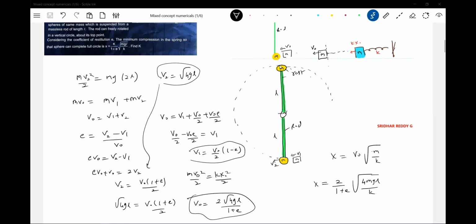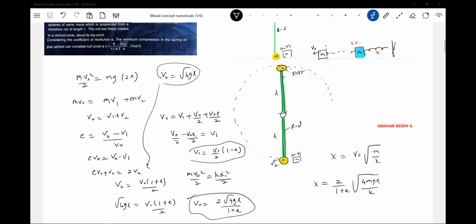Four, huh? We are getting 2. Take root 4 outside. Oh, that. No, okay, fine. Yeah, I didn't see.